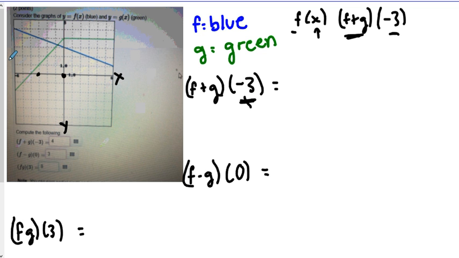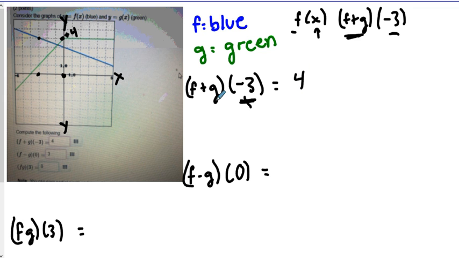So at -3, what's the value for the blue line? Well, I'm just going to trace up from -3 until I get to the blue line. So here at this point, what's my y value? If I trace over to this side, here it is, it's +4. So f is equal to 4.